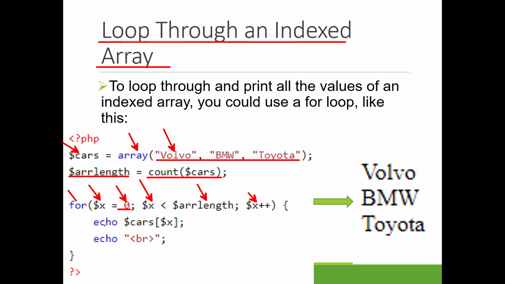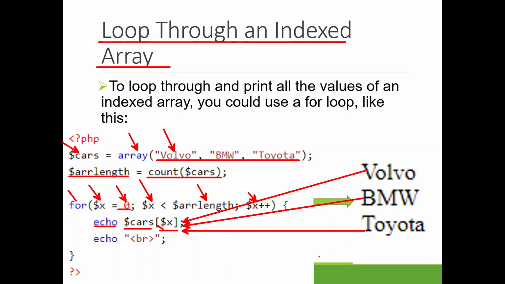Here we say echo cars x. So in the first loop, x is going to be 0, and therefore it's going to print out Volvo. In the second loop, because of the update, x is going to be 1. It's going to print out BMW. In the third loop, x is going to be 2, and therefore it's going to print out Toyota. In the next loop, x is going to be 3.